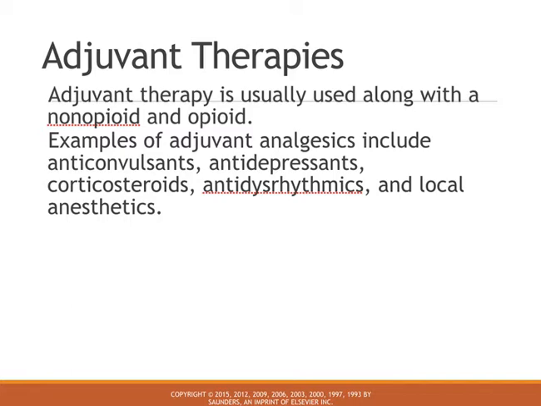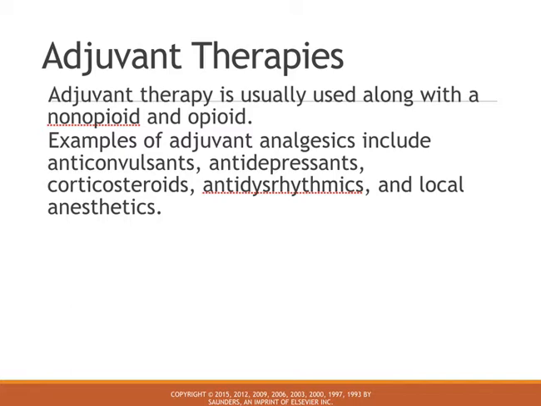The way that anticonvulsants help is they prevent the production of nerve impulses by stabilizing the membrane and inactivating the sodium channels. They work on peripheral nerves and the central nervous system. They can be used very effectively for neuropathic pain and for the prevention of migraine headaches.